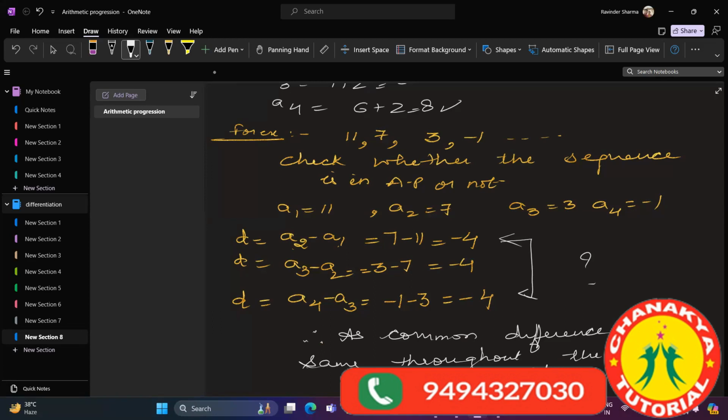Yes, ma'am. Got it, ma'am. Siddharth, Dhairya, Meher, Shan. Understood? Yes, ma'am. Please note this, because in your exercise 5.1, from your NCERT textbook, you will see these types of questions only.